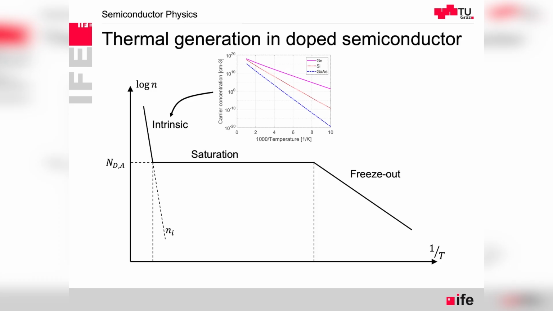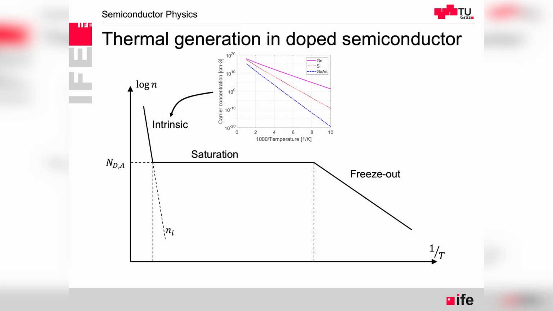At very low temperatures, close to 0 K, nothing happens, because the thermal generation of holes and electrons in silicon doesn't give any charge carriers. And we need a certain temperature to reach the thermal generation of just the dopant atoms from the acceptor and the donor level.